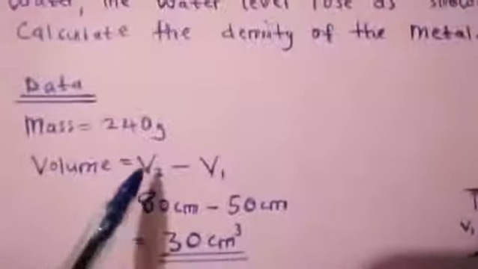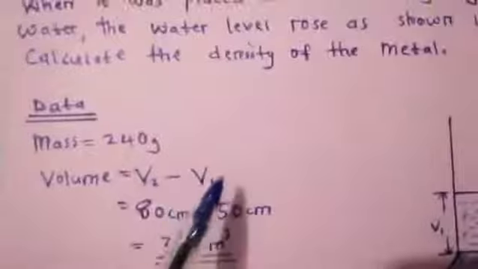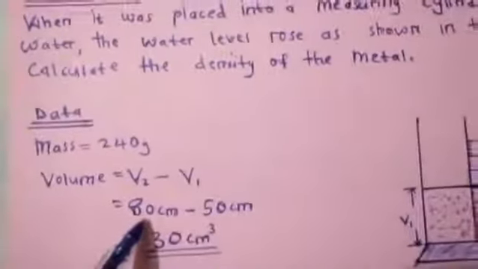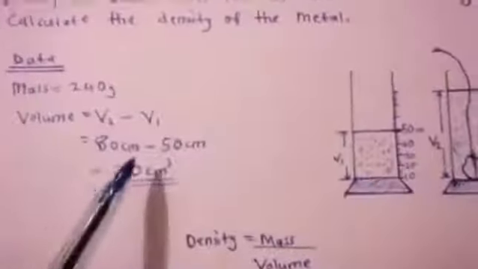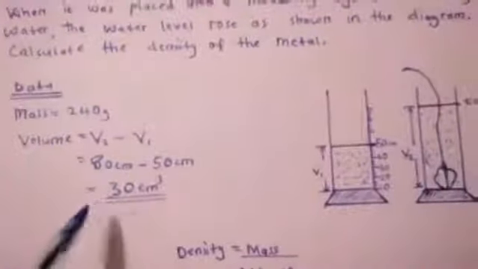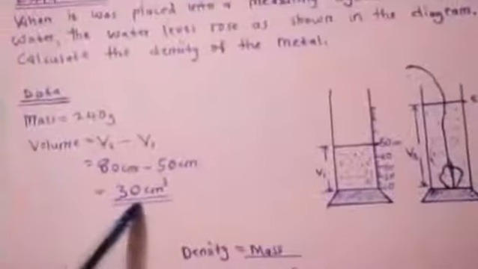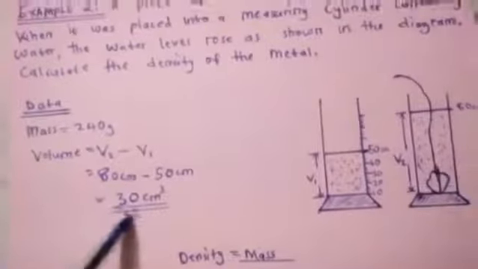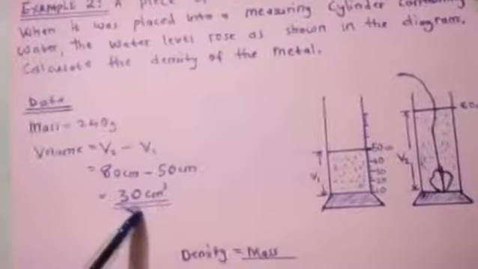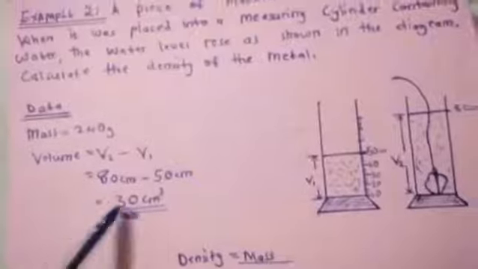So that's our formula: volume 2 minus volume 1. 80 centimeters minus 50 centimeters equals 30 cubic centimeters. That's our volume, 30 cubic centimeters.